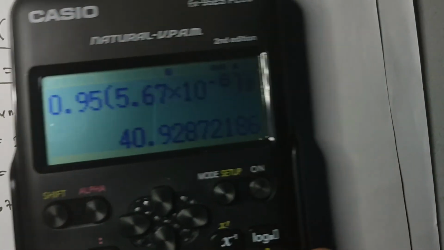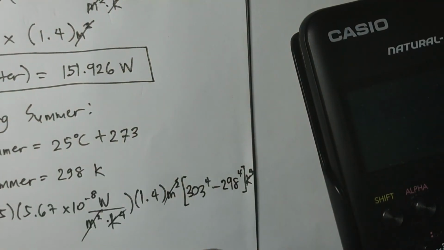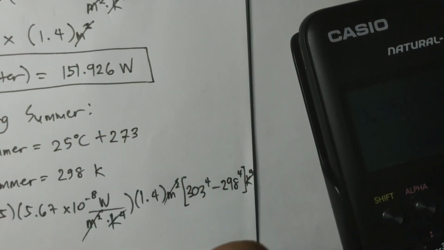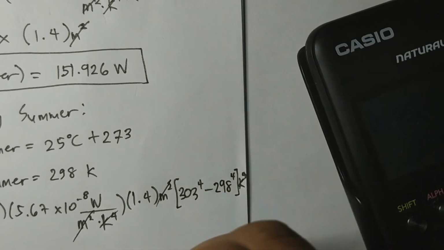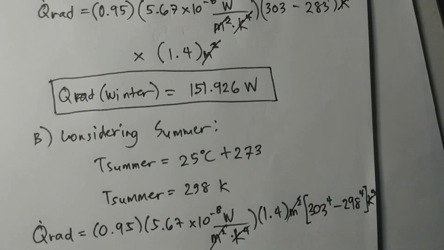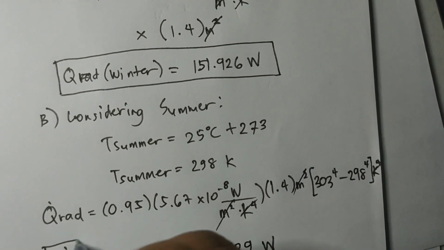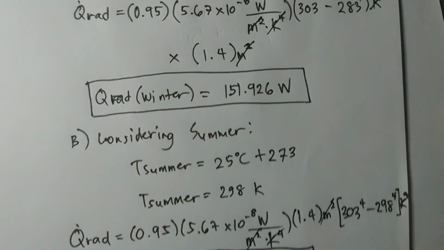Meron tayong 40.929 watts. So these are our answers for the third problem regarding radiation.